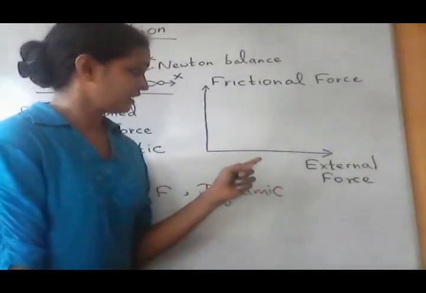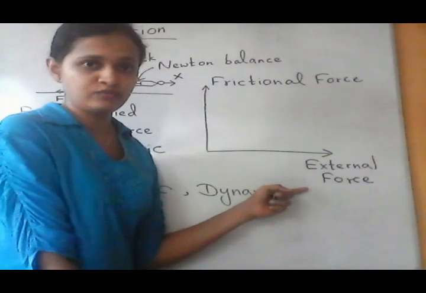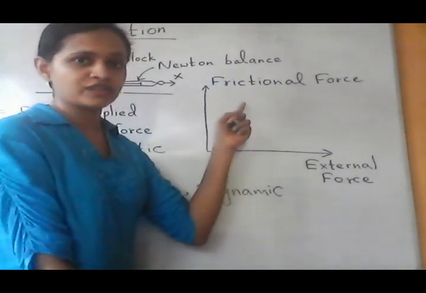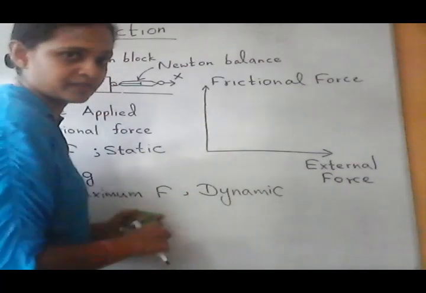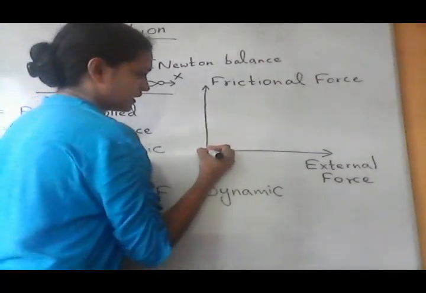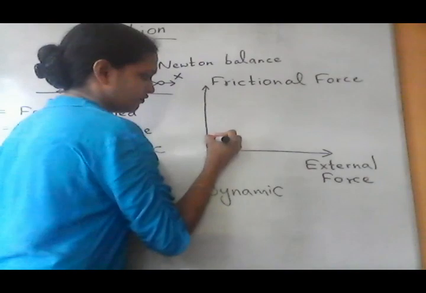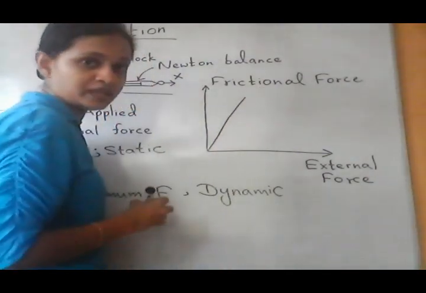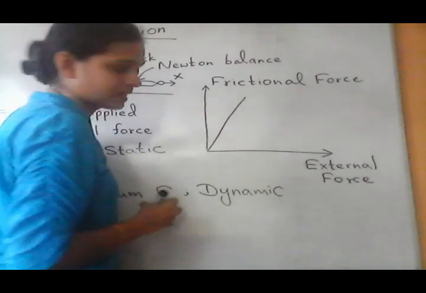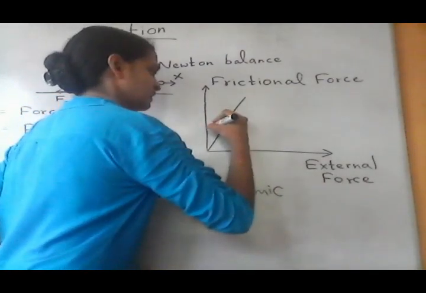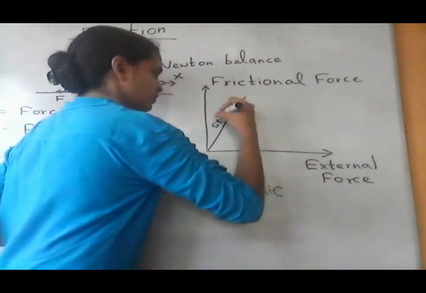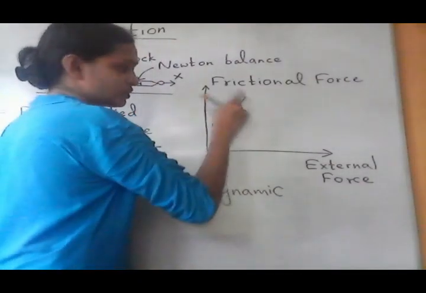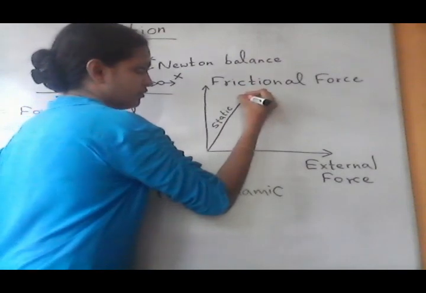If we draw a graph taking the external force or the force applied on the x-axis and the frictional force on the y-axis, in the first instance, once I increase the external force gradually, the frictional force will also be increased. Therefore, this is the static frictional force where the object does not move, and the frictional force will reach the maximum value possible.